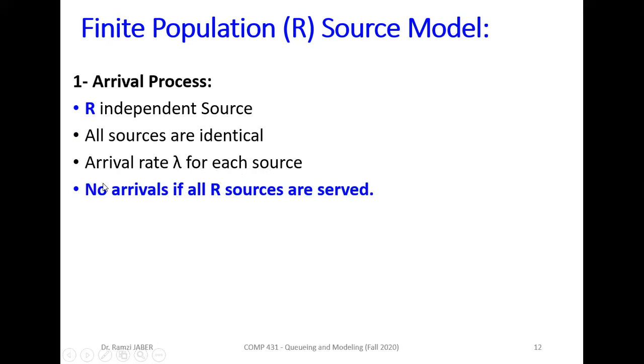No new customers. If R are served, the system will be finished. This system will serve only R customers and finish, for a day, for a month, whatever, per unit. So this is a special case.